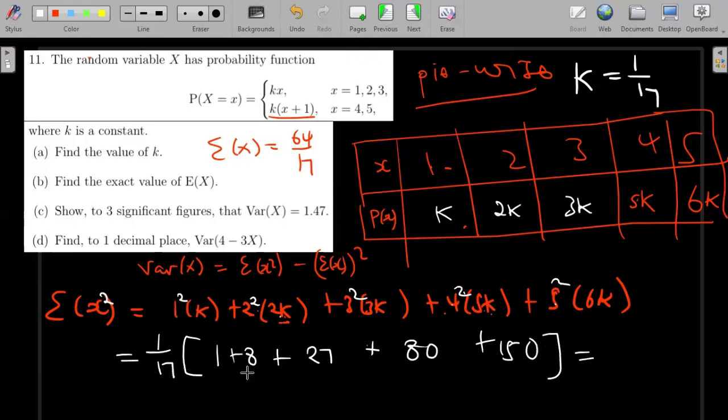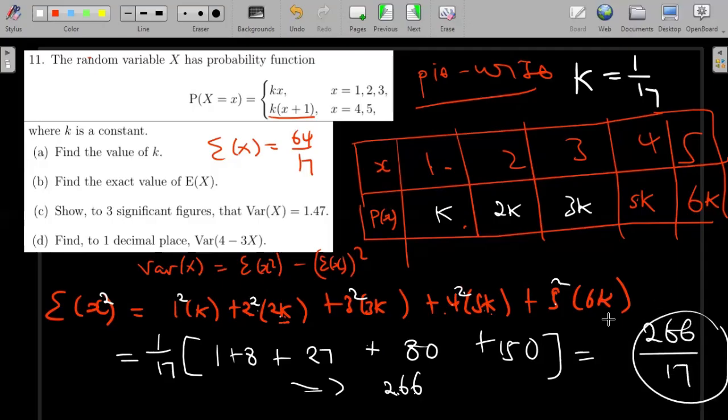Now I just add what I have in the brackets, and I get 266. So it will be 266 multiplied by 1 over 17, that is 266 divided by 17. This is the expected value of x squared.